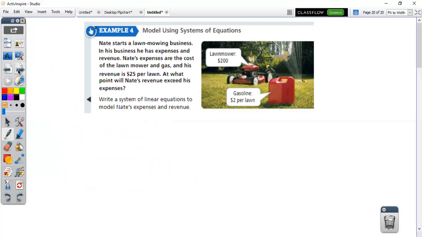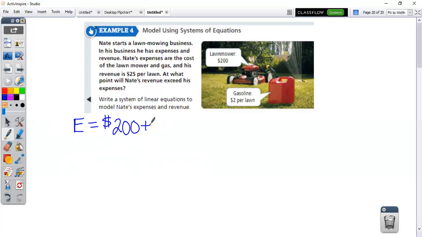All right, so first off, we got expenses, revenue, right? Okay, so expenses. What are his expenses? It tells you over there in the picture. Lawnmower and gas. Lawnmower is how much? $200 for the lawnmower.